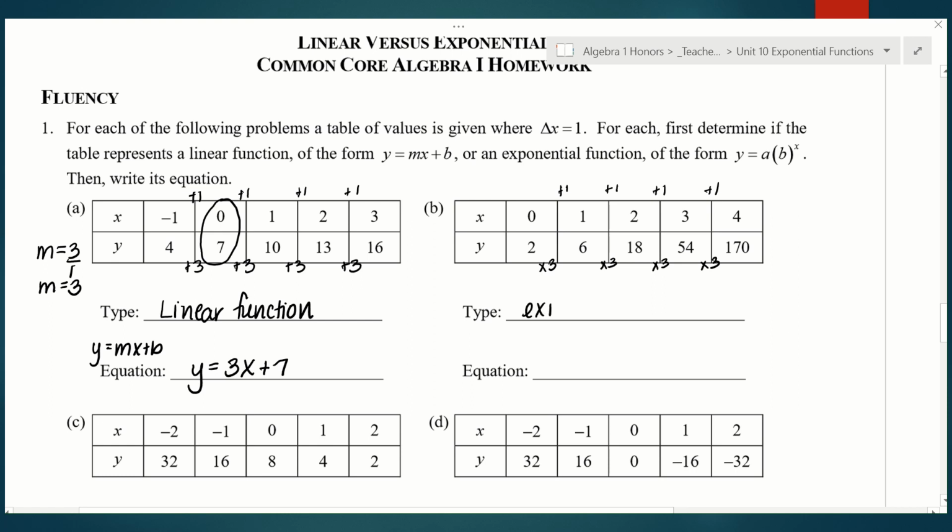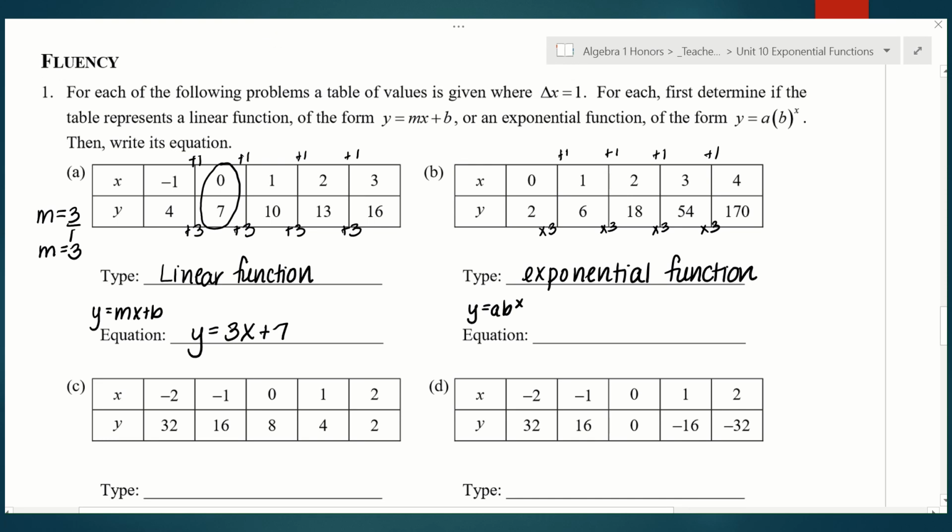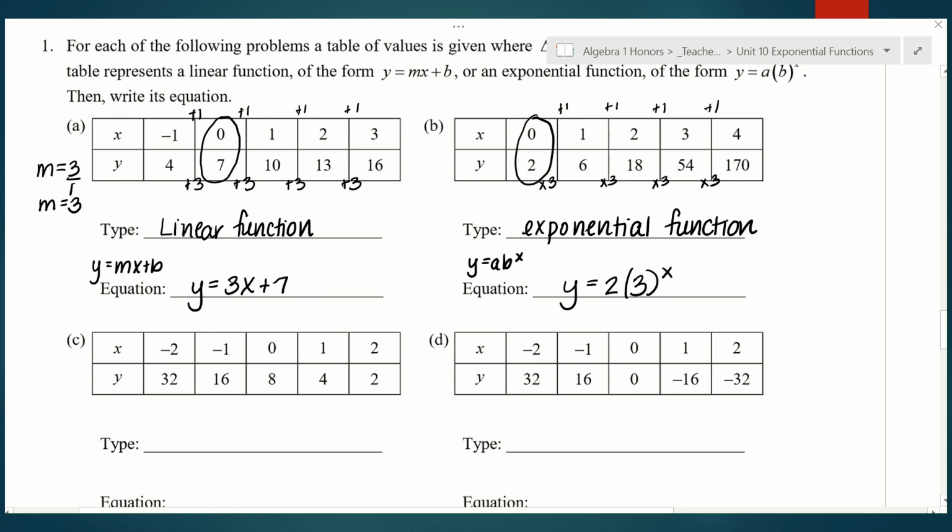So this is exponential. And the equation we use for this is a times b to the x. And remember, a is your y-intercept, which we can see is 2. b is my growth factor, which in this case is 3 to the x power.